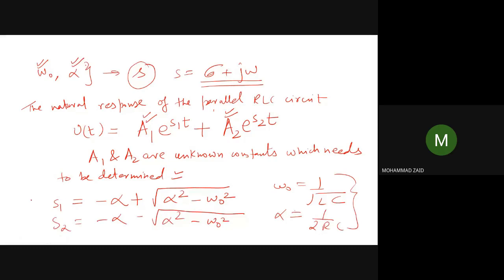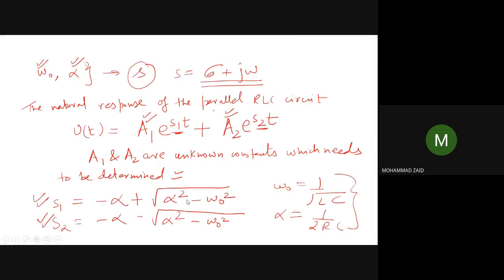So once you calculate these S1 and S2, you will get a complex constant. Now, as you can see, S1 and S2 can be purely real or complex. For example, if alpha is less than omega naught, then the square root will have a factor of j, that means it will become imaginary, since the value under the root will become negative.